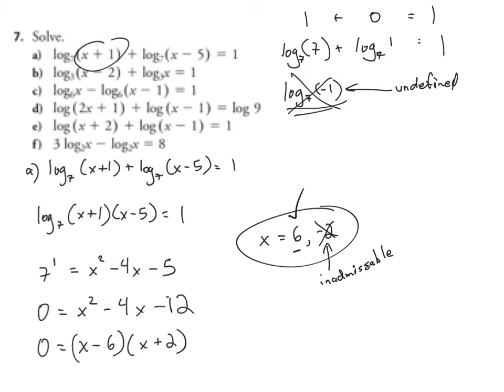Okay, so negative 2 isn't undefined. That negative 2 is completely defined. It's negative 2. But it's not admissible because the log with a positive base here is not allowed to have a negative argument. That's not defined. Right, so we have ourselves inadmissible.